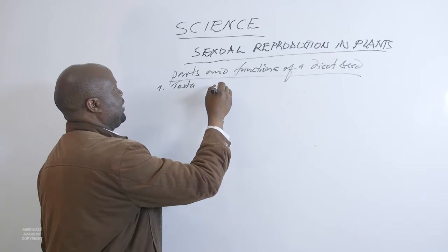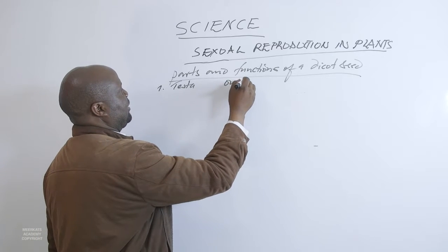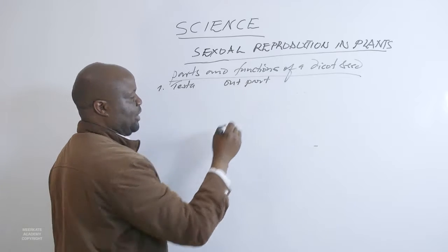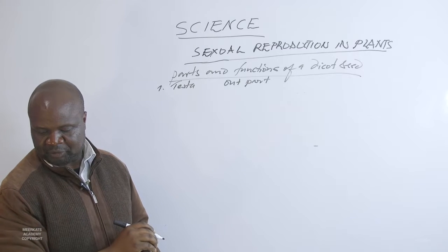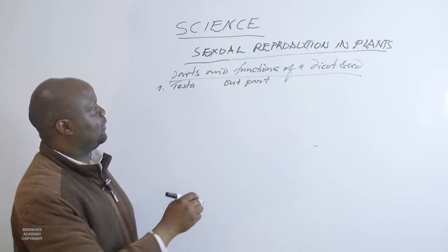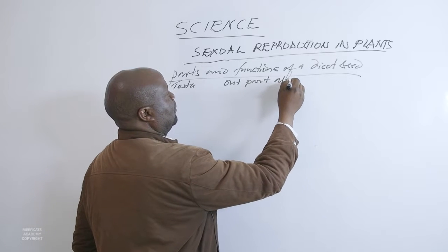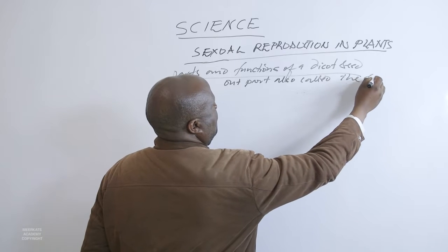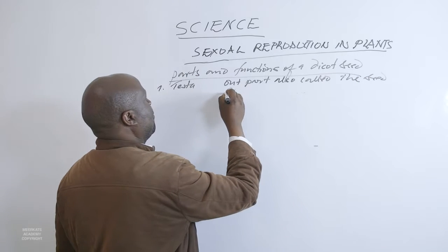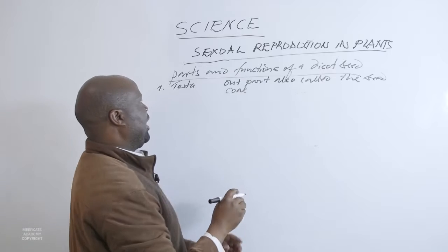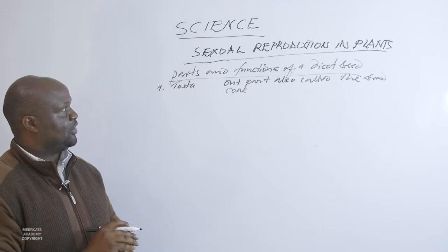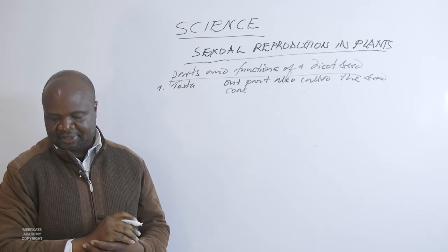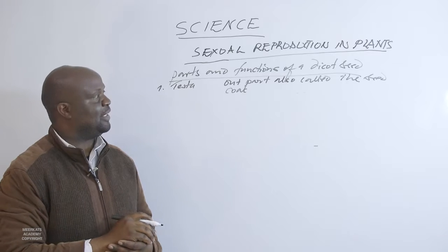So where is it located? It is the outer part, and it's also called the seed coat, which protects the inner part.